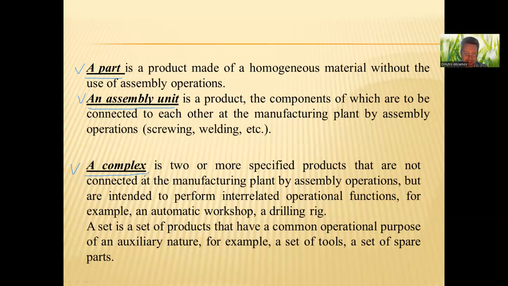A set is a set of products that have a common operational purpose of an auxiliary nature, for example, a set of tools, a set of spare parts. So, please write down in your notes what is a part, what is an assembly unit, what is a complex, and what is a set.